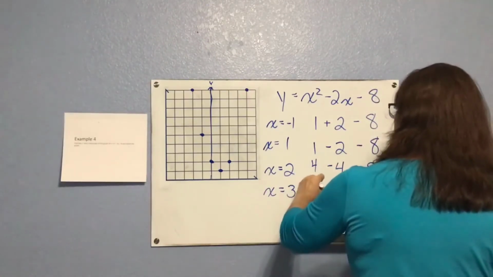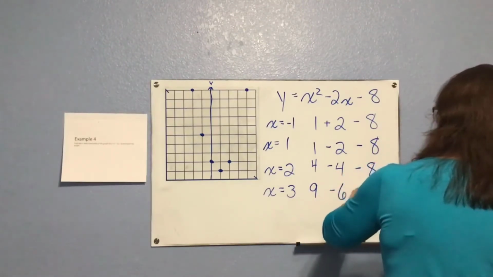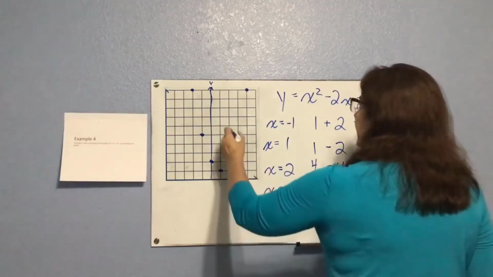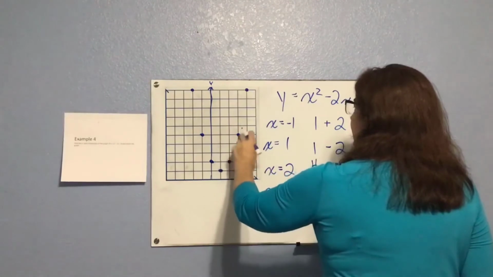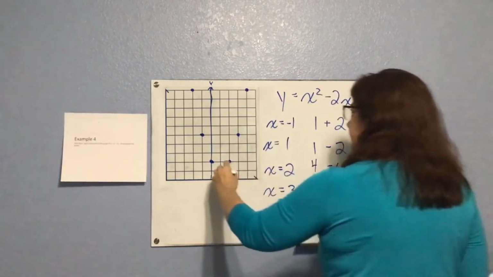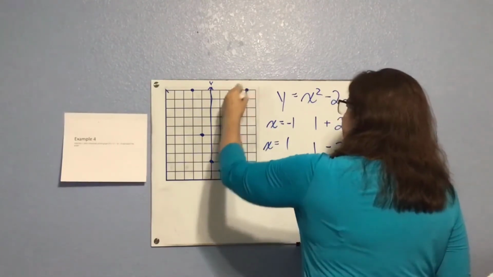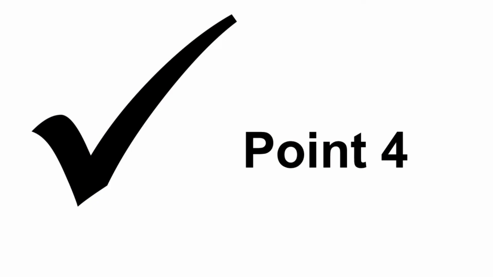And that's going to give me 9 minus 6 minus 8, which is negative 5. And again, lines up with a point that I had before. Now I have enough to do a pretty good drawing of this parabola. And it's time for another checkpoint.